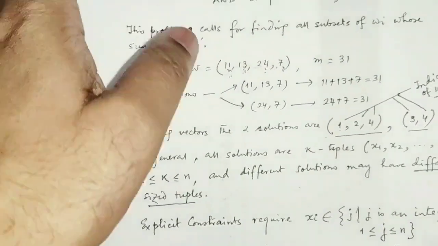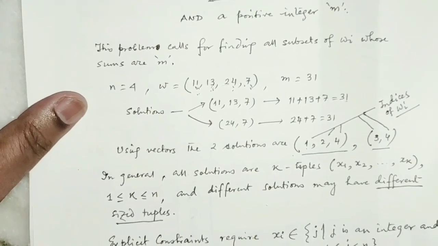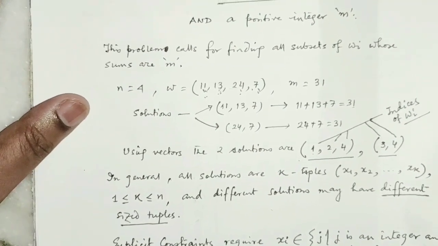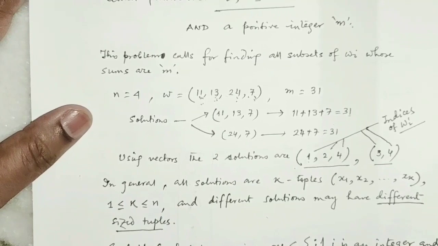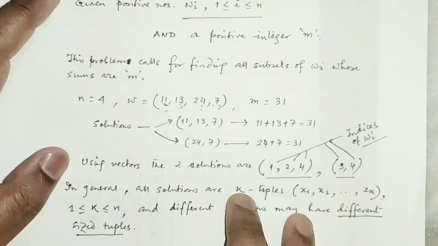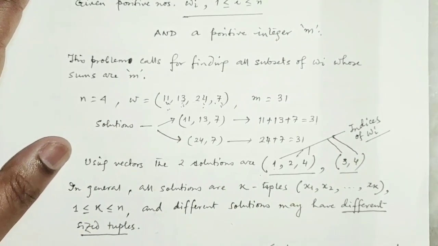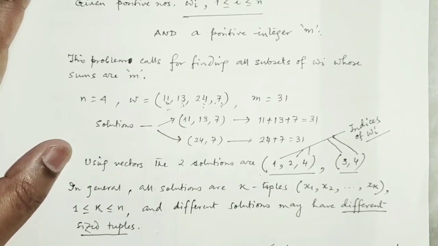Here we have given one example of the sum of subset problem in support of implicit and explicit constraints. My advice to all of you is to go through Sahani, because backtracking algorithms are well expressed in Sahani's book. You may consult any other standard books, but I think Sahani is a very good book for backtracking.